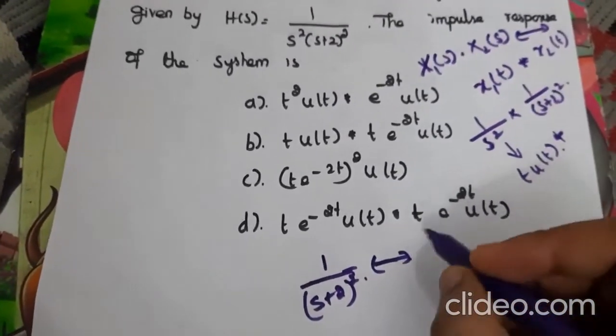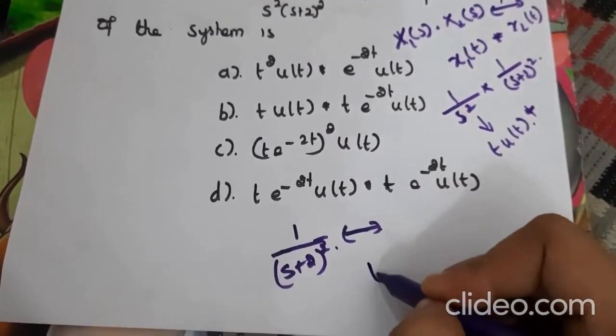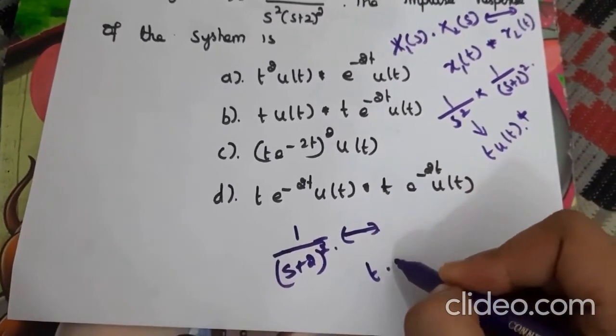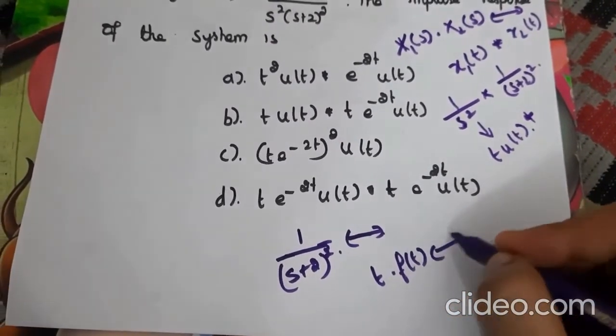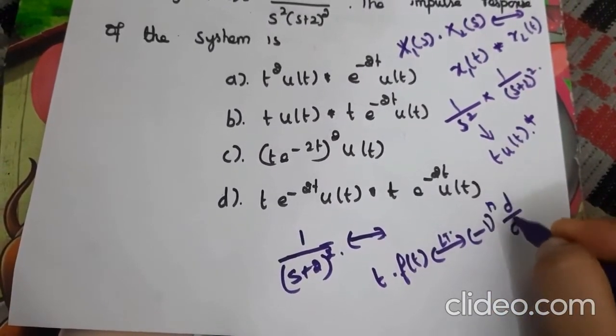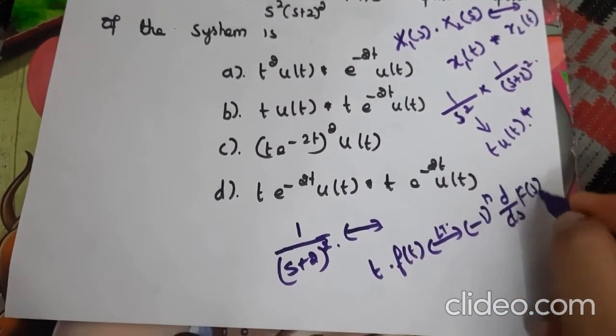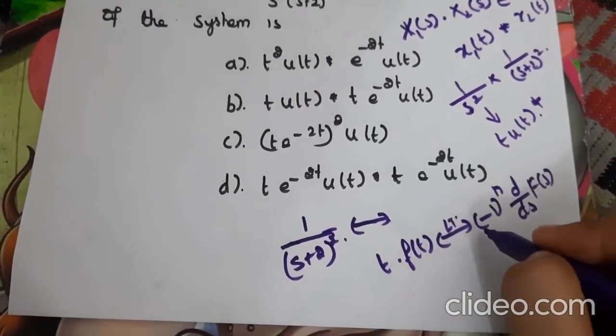So this can be taken as the formula for t into f of t. Using this property, the Laplace transform is minus 1 power n and differentiation of F of s, the differentiation of this Laplace transform. So this is the property.